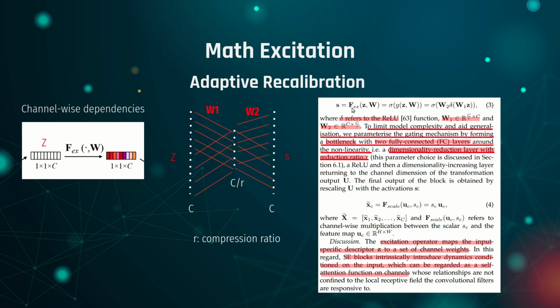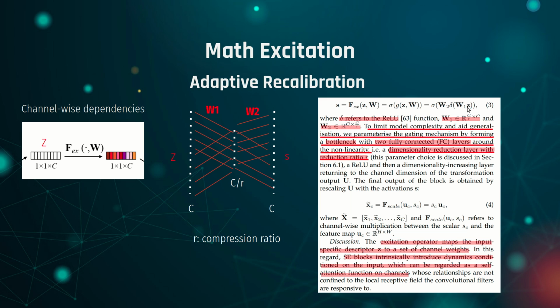The excitation operation contains a few things. The first is Z, the input you have here, and the weight W1, because it contains two fully connected layers. So these are the weights.